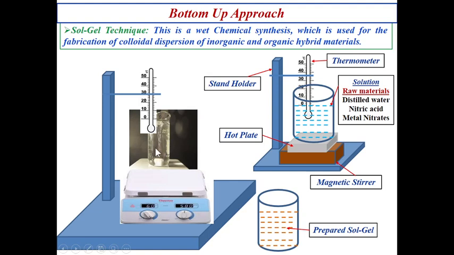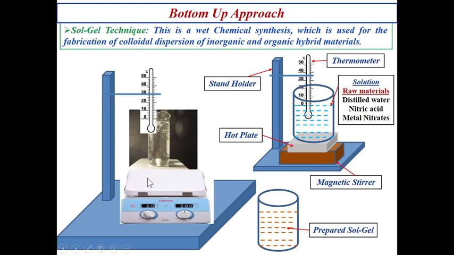You can take an example: you take water in the beaker and mix salt or sugar in that, and if we put it on this magnetic stirrer, then after some time we can find the salt fully dissolved in that water, and a solution has been formed.